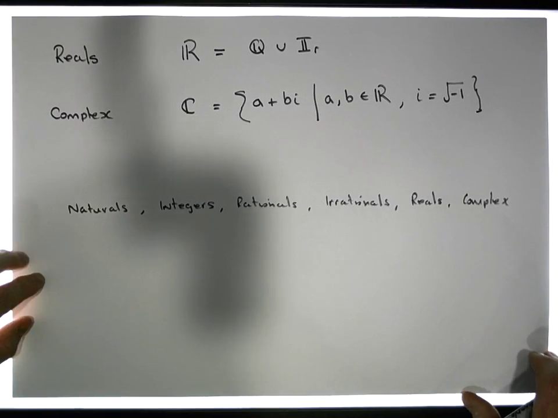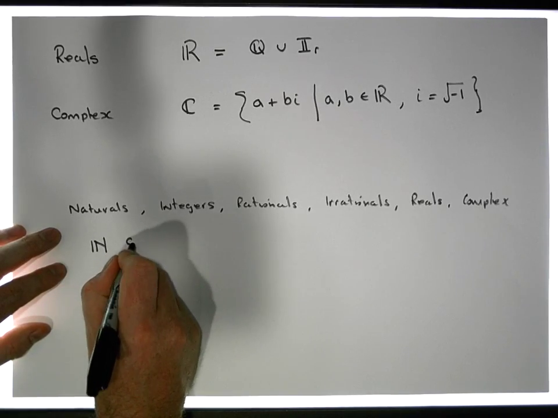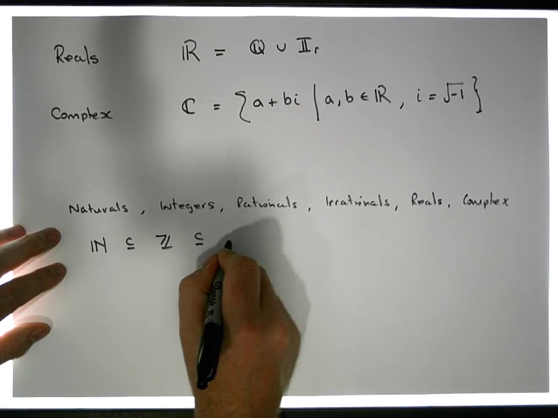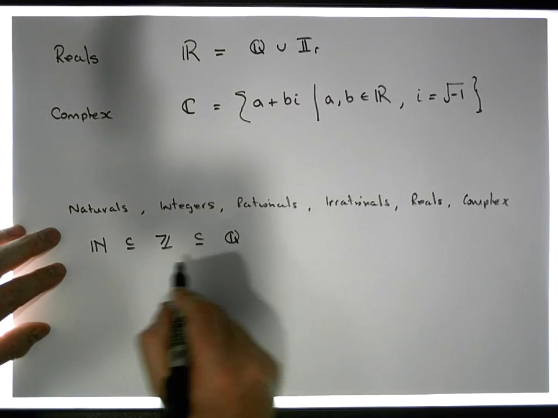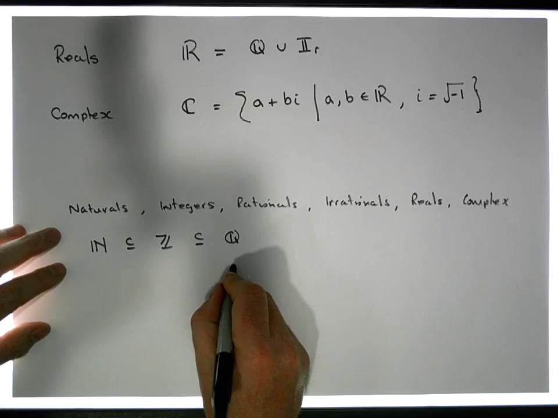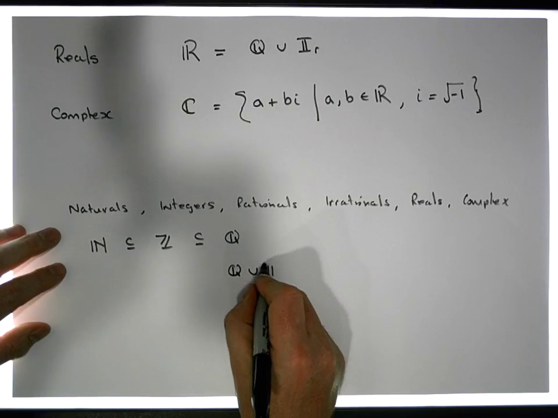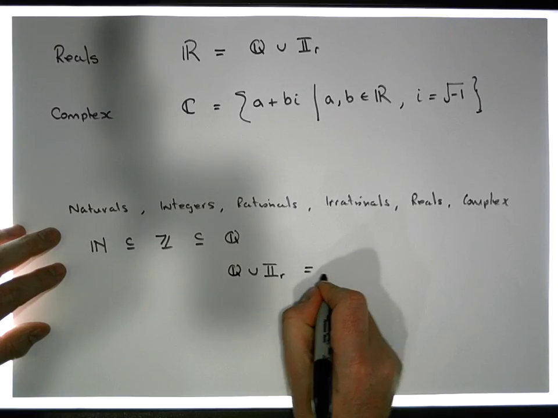But that's what we have. What I did say earlier on from a chaining perspective is that the naturals are contained inside the integers, which are contained inside the rationals. And we have Q unioned with the irrationals is equal to the set of real numbers.